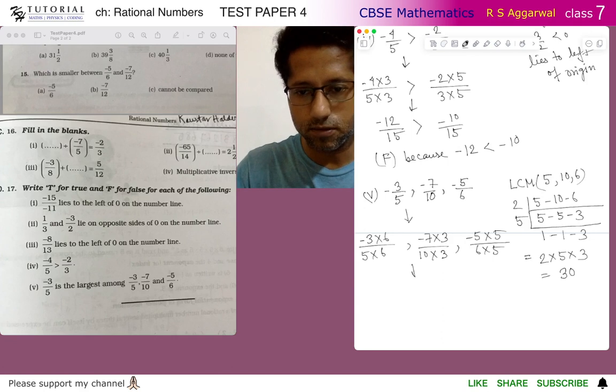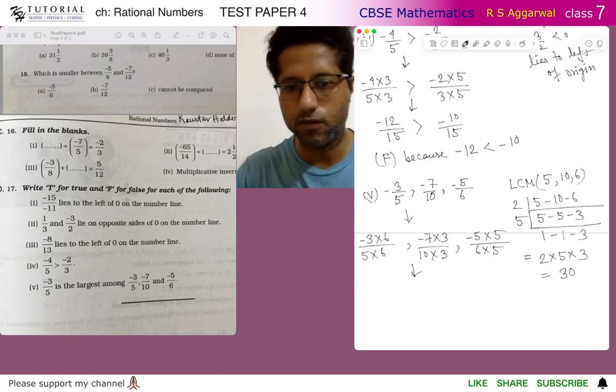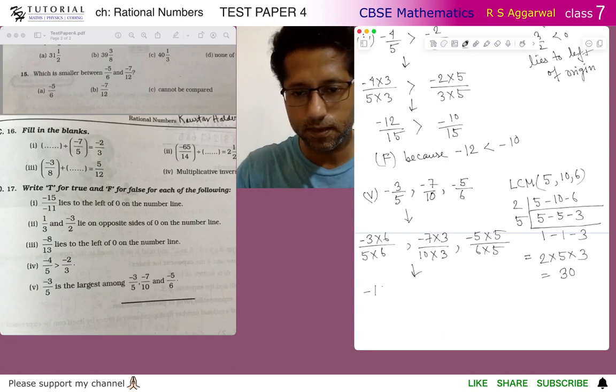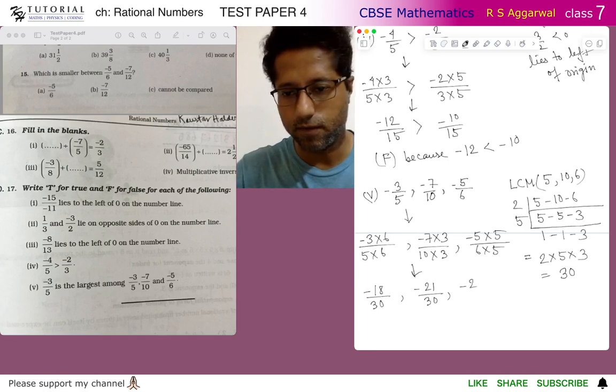So the three rational numbers in equivalent form become minus 18 by 30, minus 21 by 30, minus 25 by 30.